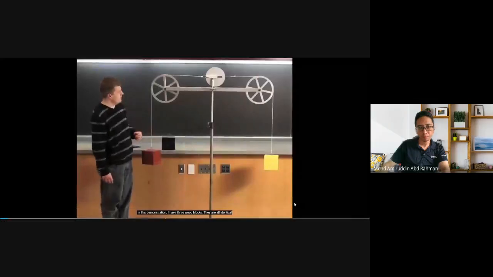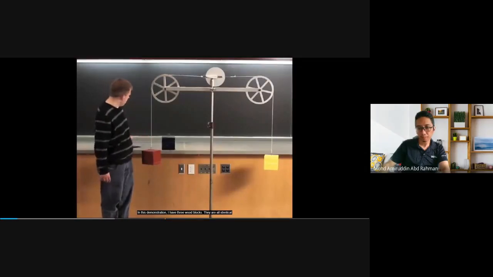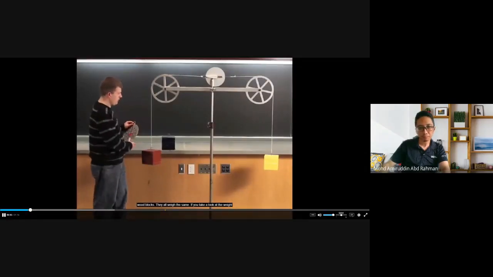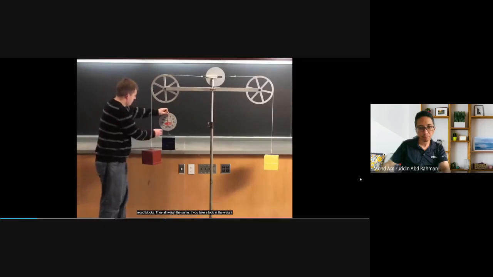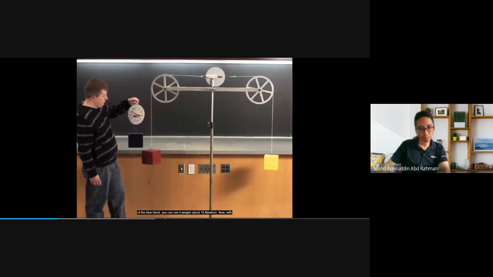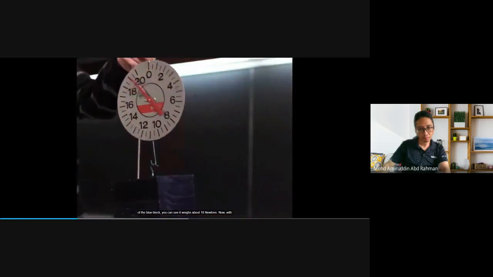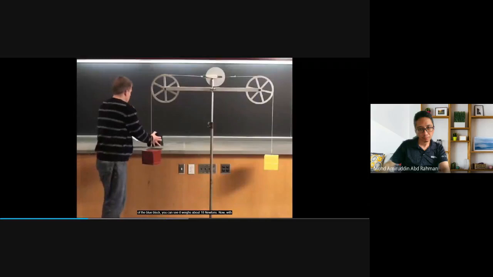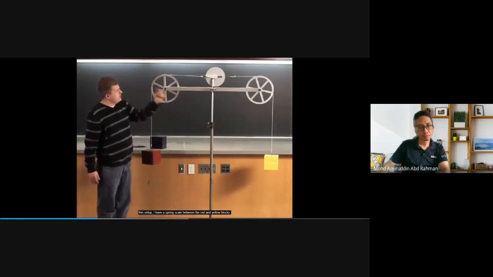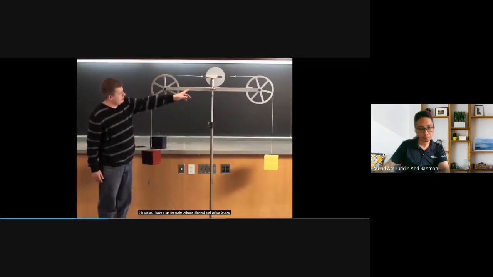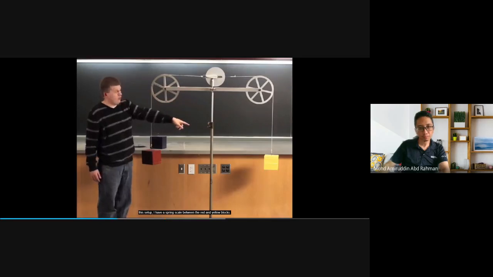In this demonstration, I have 3 wood blocks. They are all identical wood blocks. They all weigh the same. If we take a look at the weight of the blue block, you can see it weighs about 18 newtons. Now with this setup, I have a spring scale between the red and yellow blocks.